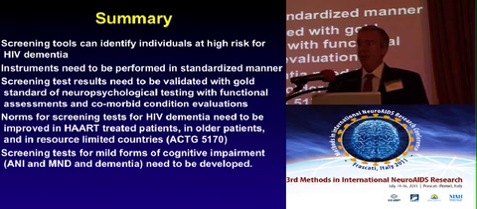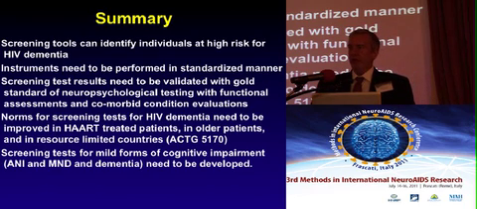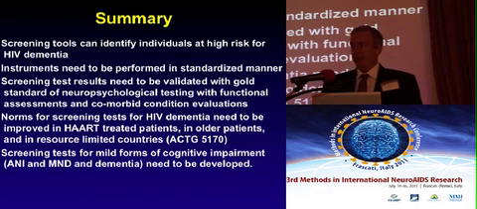And in fact, the latter is now being done by Kevin Robertson in another AIDS Clinical Trials Group study called 5170, in which the International HIV Dementia Scale is now obtaining some normative data among seronegative individuals across 10 different countries throughout the world.